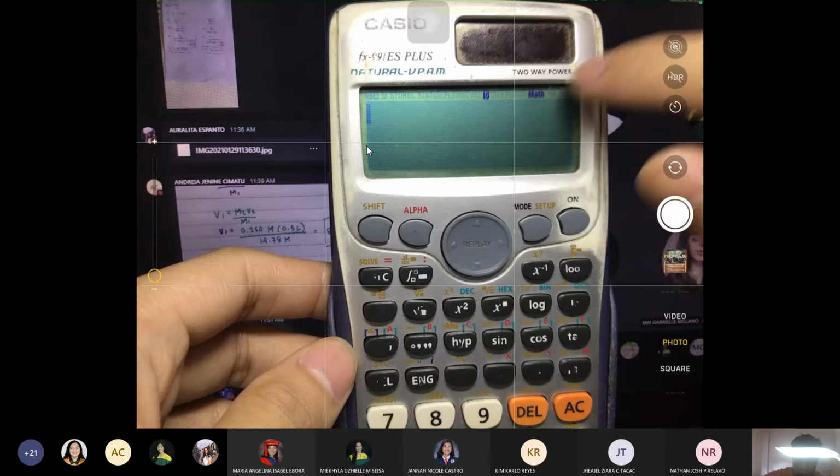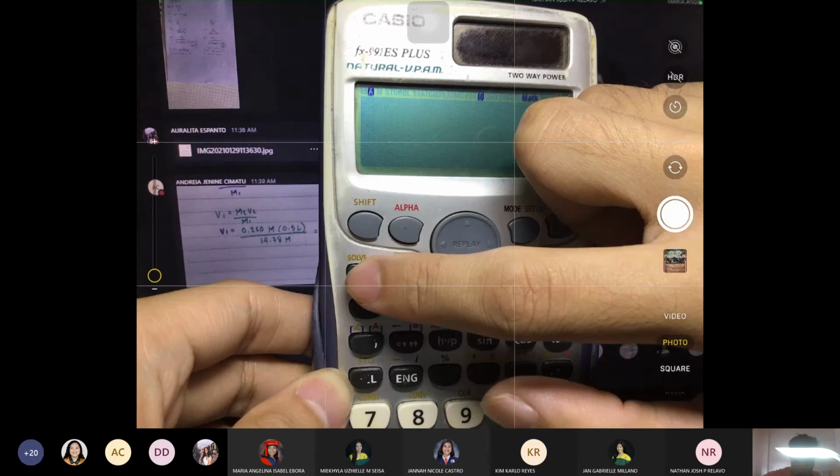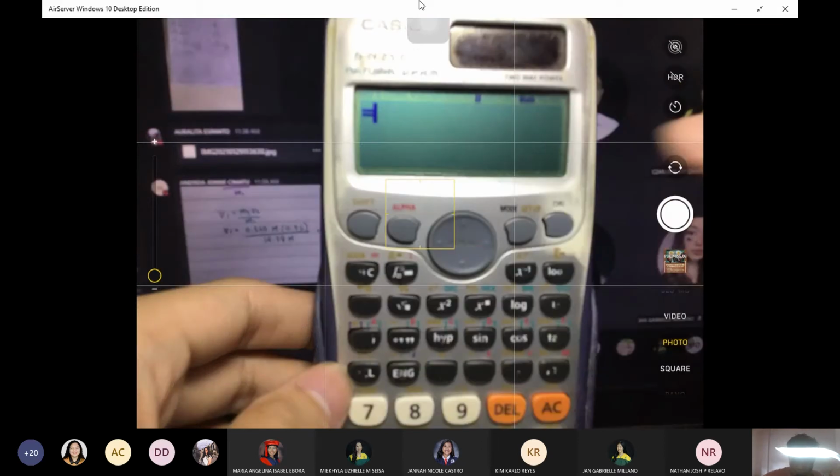You can see the red equal sign sa calcu nyo. Ayun. So, in order for you to access that red equal sign, in my case, ito yon, you press alpha and that button, yung button na may red equal sign sa taas. So, yun ang equal sign. Okay. Yan. So, that's the red equal sign.